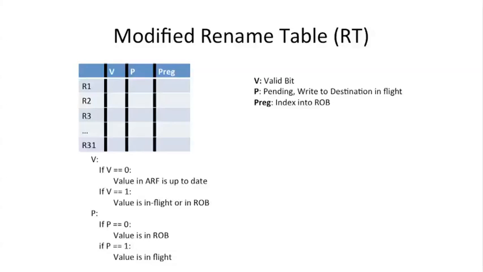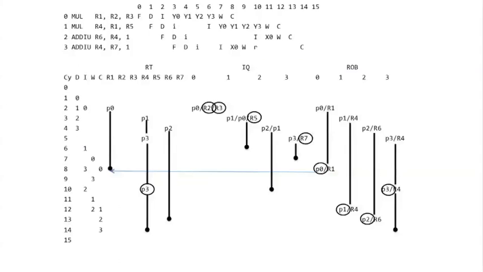What's interesting about this is we no longer have a free list. We got rid of that structure, so we don't have to worry. Our renaming table, instead of having actual physical registers, is going to have reorder buffer entries. We'll call that a physical register. We've basically merged our physical registers and our reorder buffer together.